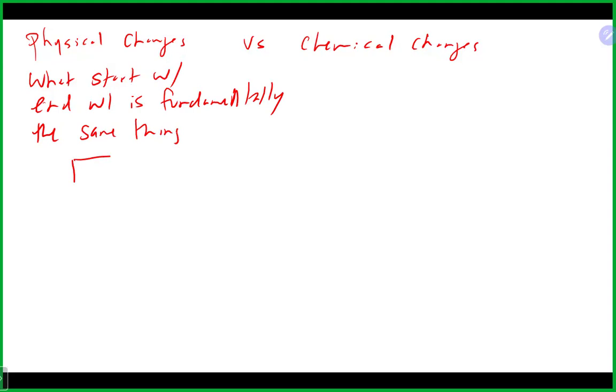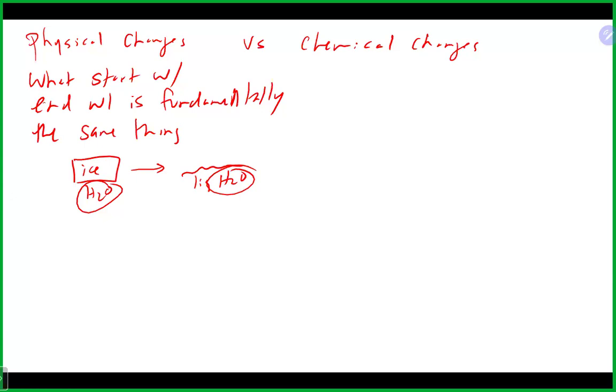So, for example, if you took an ice cube and you melted it into liquid water, they are both fundamentally H2O. There is no change to the fundamental composition of that substance, and that is a physical change. Most common types of physical changes are those phase changes as you go from solid to liquid, liquid to gas, and all around. Those are very common.